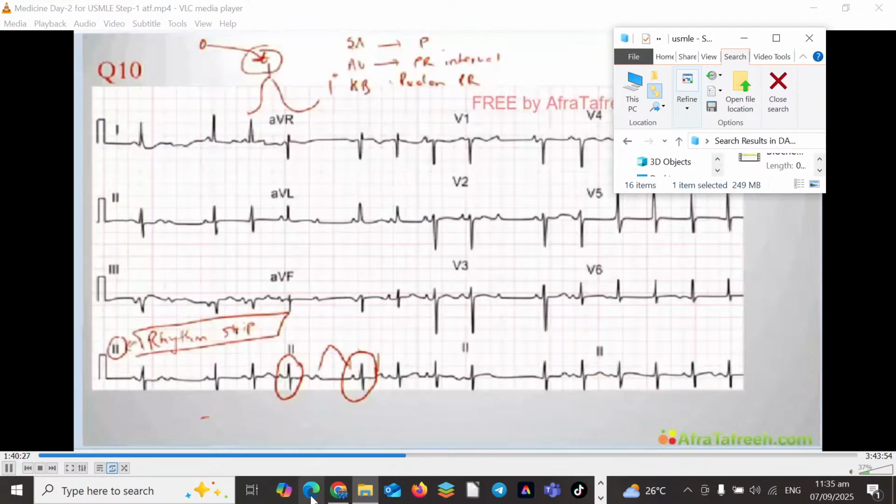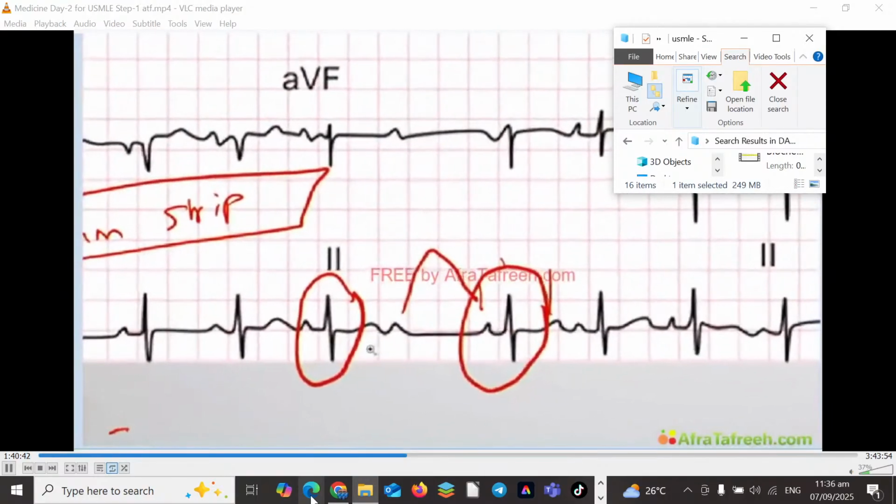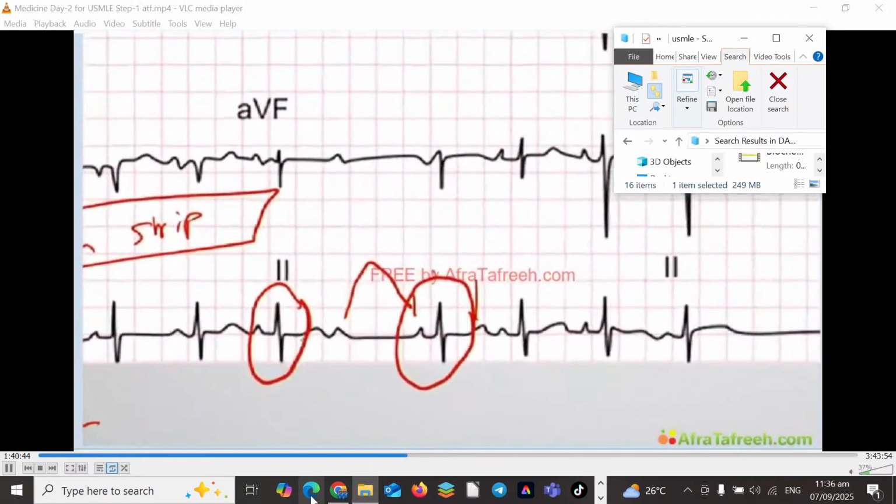Which strip are you talking about? But all other strips have so many P waves. Why are you finding strip 2 disorganized? What looks disorganized about this? There is a P wave, there is a QRS, and there is a T wave.